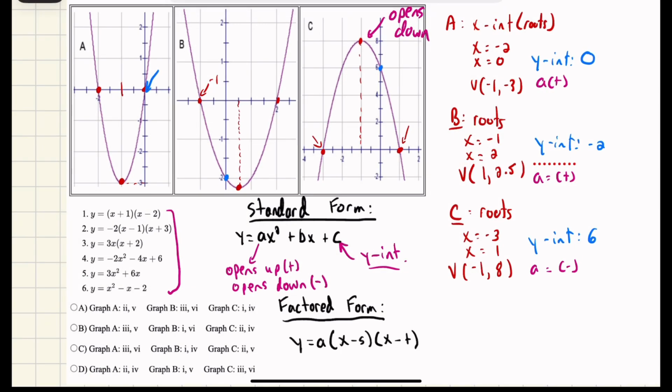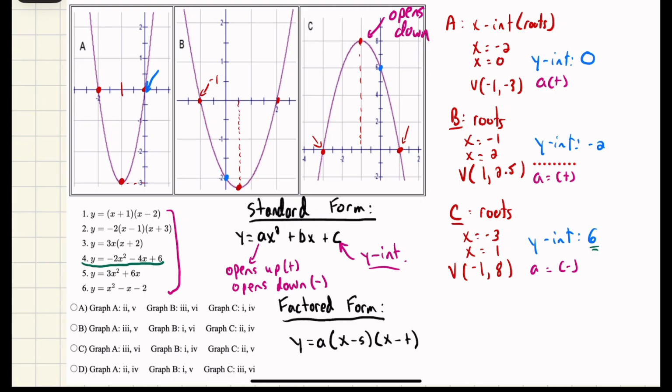So now, based on these properties, let's start with graph C. If it has the y-intercept of 6, then it means that the C value in the standard form should be a 6, which we could see applies to equation 4 over here.